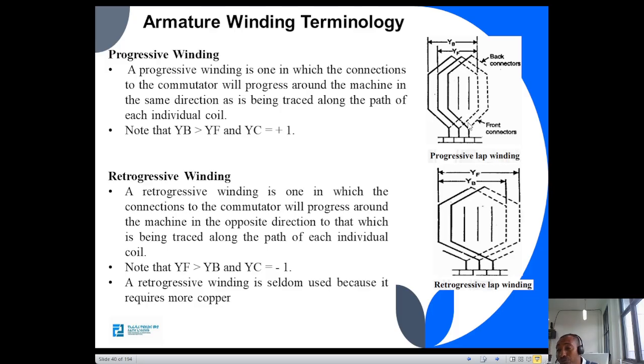So the first coil sides of the coils are going to progress to the front or to the right side, and the commutator segments are increasing to the right side.